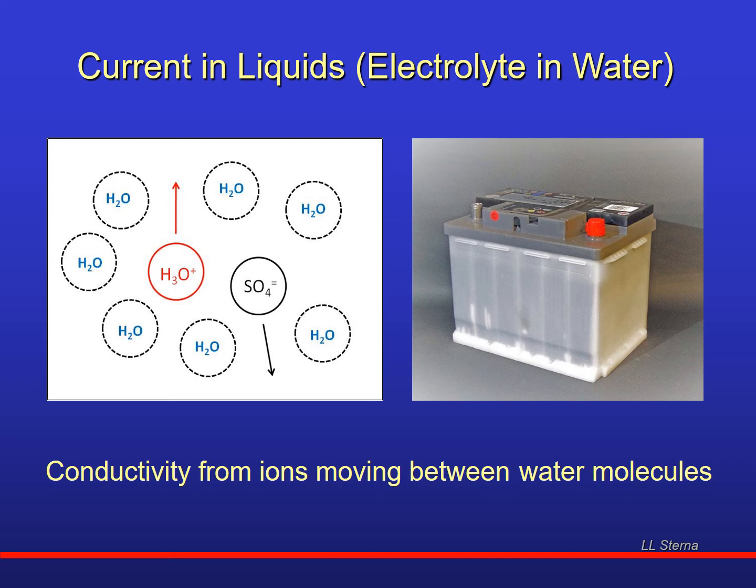So that photo on the right is of a typical car battery, typical 12-volt car battery, so-called lead acid battery. A lot of what's in the liquid, there are many constituents, but a lot of it is sulfuric acid dissolved in water. We'll ignore the lead and so forth. So if you look on the left, that illustration, the H2O is water, the water molecules.